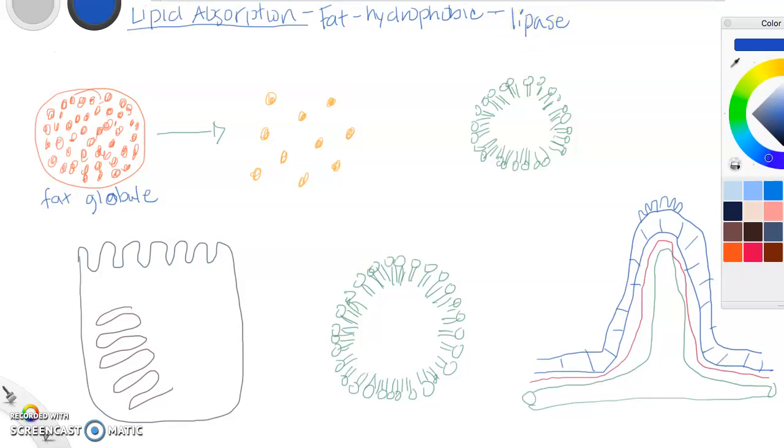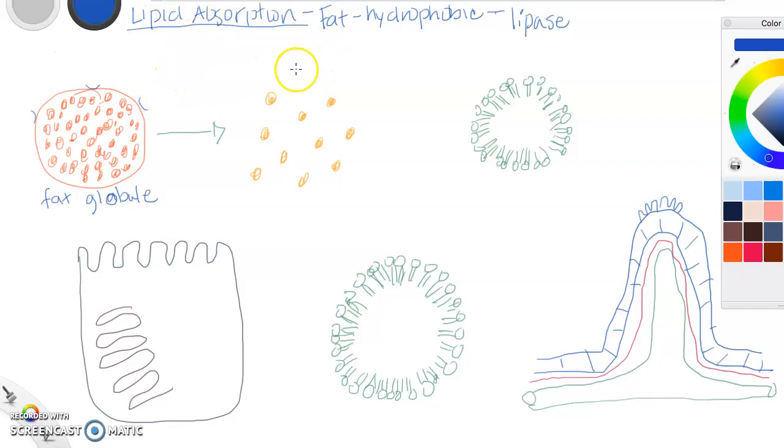And number two, it has to have some surface area to do that. This big old fat globule has all the fat inside of it. So if the lipase were going to try to digest this big fat globule, it would only be able to contact the outside here. It wouldn't get anything inside.